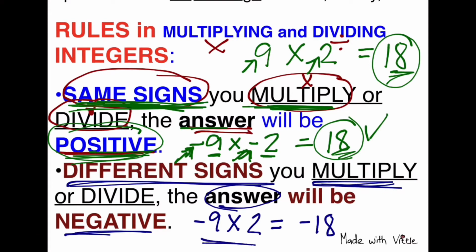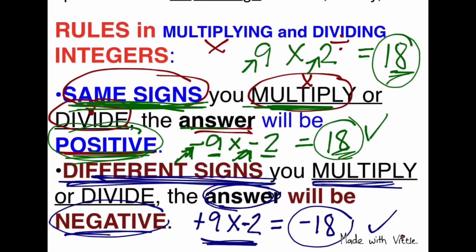Therefore, they're different signs, right? Therefore, your answer will be negative. Therefore, our answer will be negative 18. And that's the same case if the 9 is positive and the 2 is negative. Therefore, they're still of different signs, so your answer will still be negative 18. Now, let's have more examples.